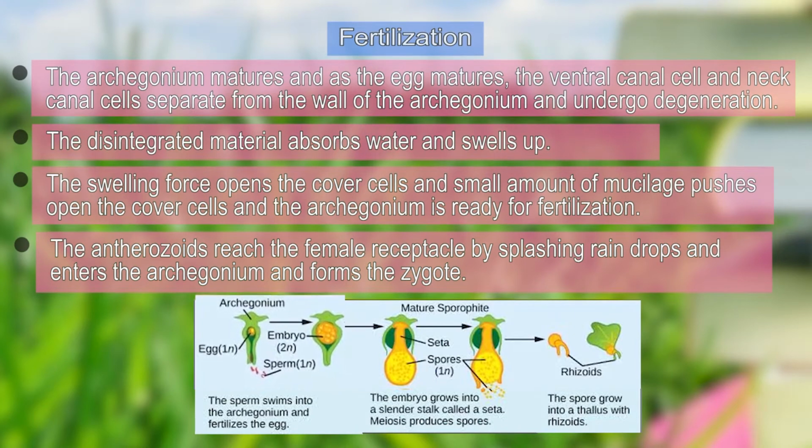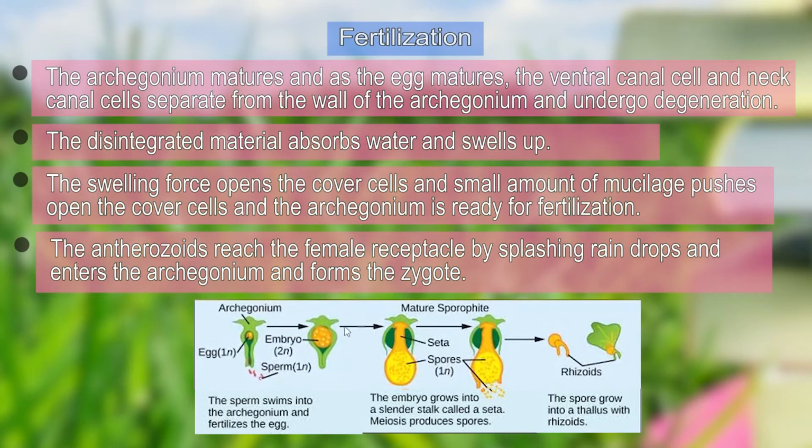This diagram illustrates the various stages during fertilization. Here is the archegonium. The archegonium is inverted in structure and contains the egg present in the venter. The sperms, which are dispersed by the rain, enter it, and there it forms the embryo.